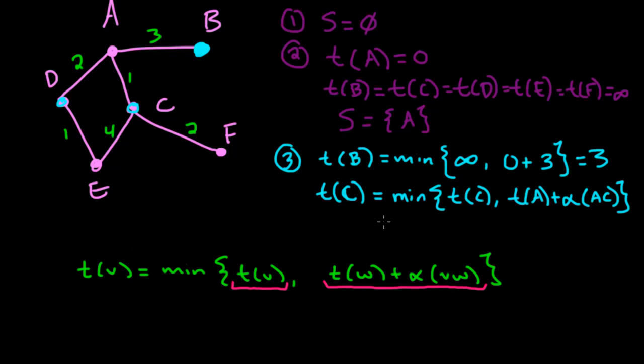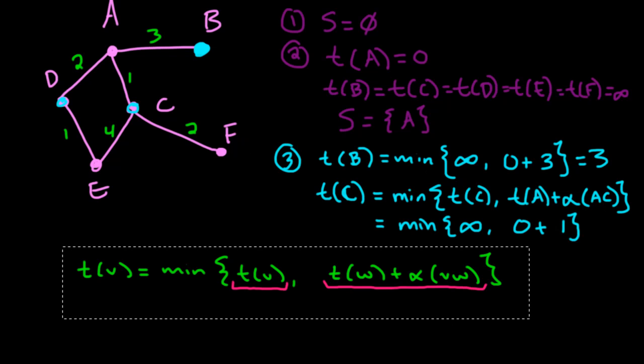It's really the same thing, but I've just written it out specifically. And that's the minimum of, what did it used to be? It used to be infinity. What's T of A? That was 0. And what was the edge weight for AC? It was 1. So let me move this piece down a little bit more.